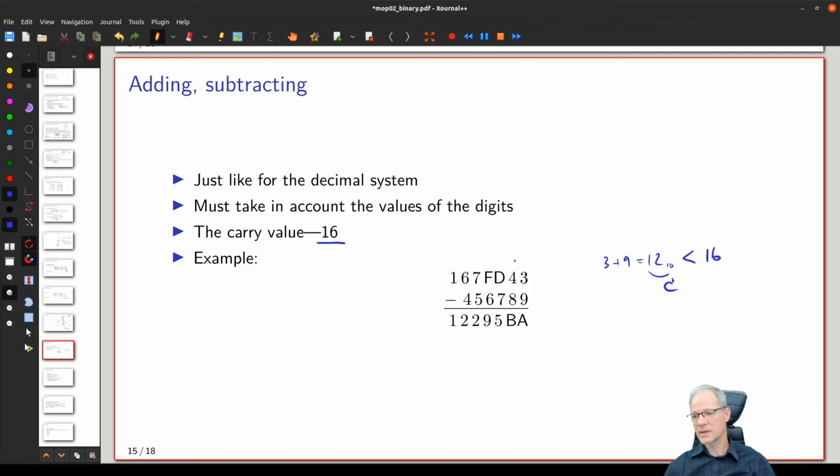So therefore, 19 minus 9 is the same as 16 minus 6, which is 10. So therefore, this digit is going to be A, right? And so on. So the subtraction is just the same as in the decimal system, except remember that the digits add up to 16, not up to 10. That's the carry value.